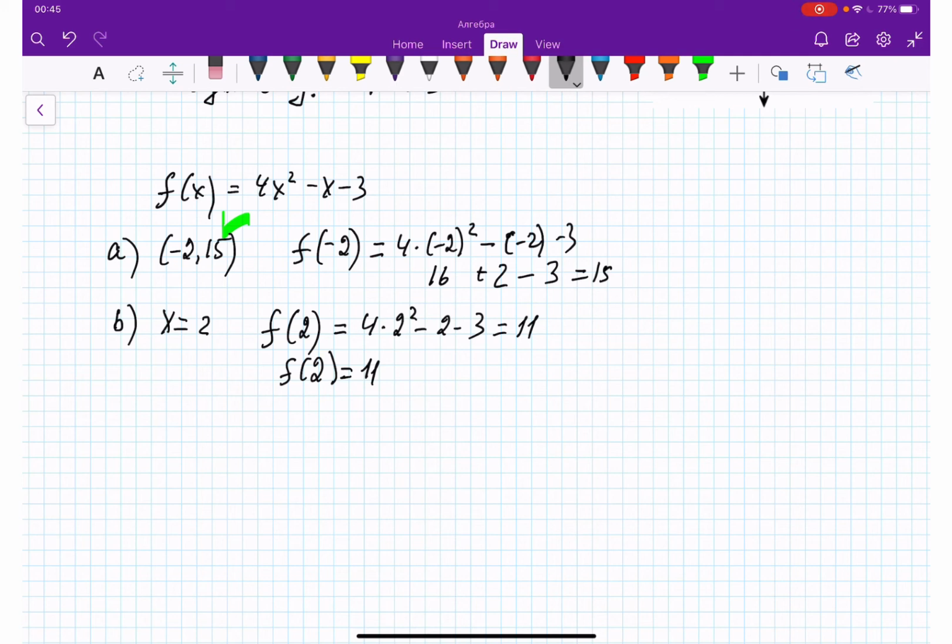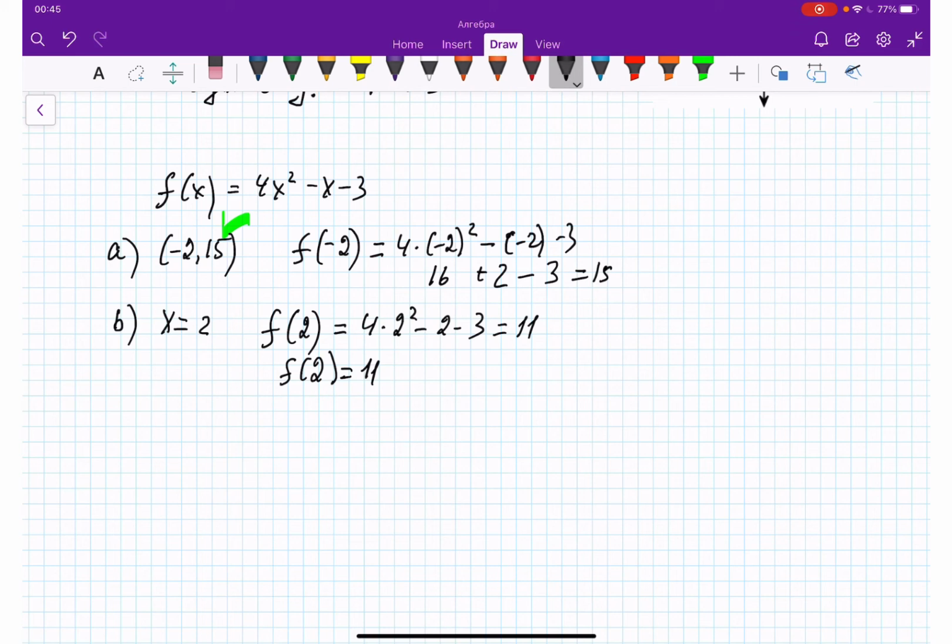Next question. What is the domain of f of x? Okay, how are we going to figure it out? So here we are looking, do we have any division here that will include x in the denominator?